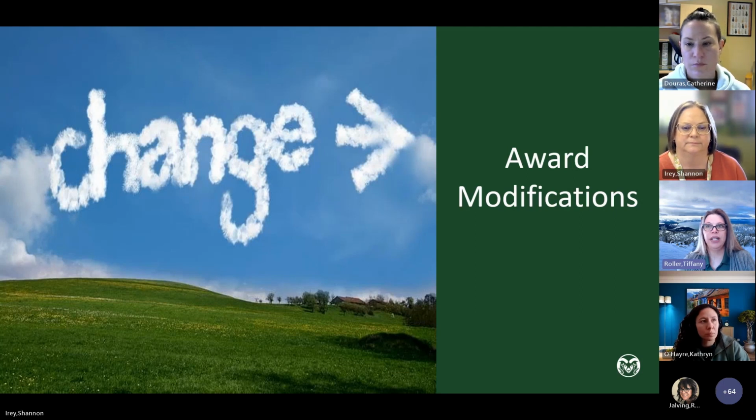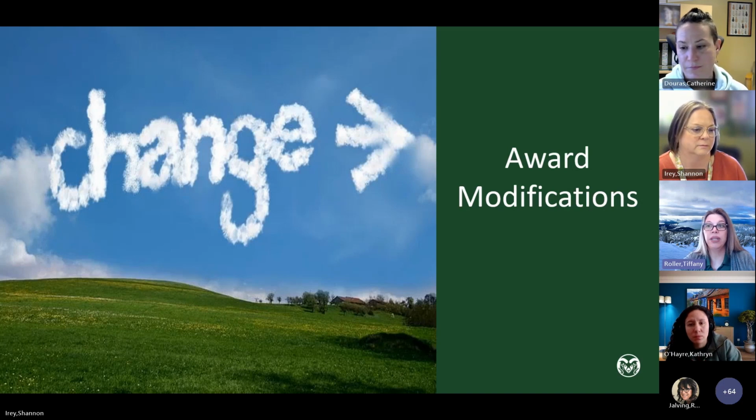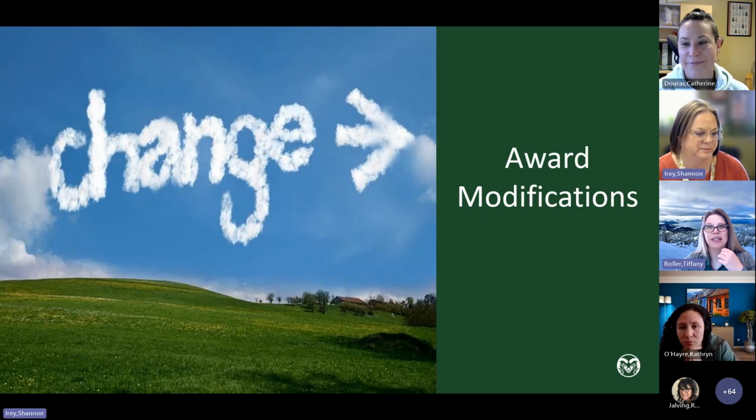But after hearing this definition of some post-award actions that could result in an agreement or amendment change, maybe you can list in the chat what you think might be examples of award modifications or things that might result in sponsor change. Okay, they're coming in. Budget revision, change of PI, scope change.